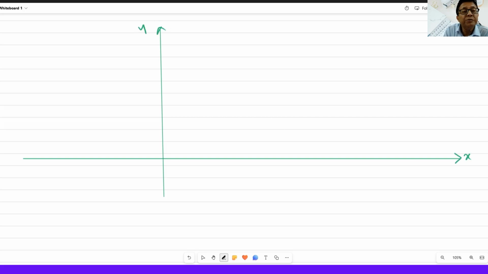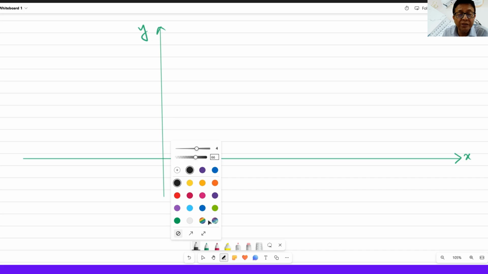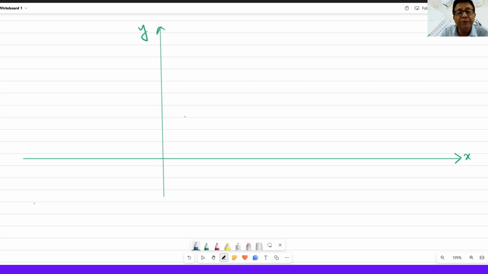Answering MCQs will be very interesting if you remember this MCQ method. MCQ method is very interesting. What is that? You take the graph of the function like this. At the point x equal to c or a, whatever, you are going to find the derivative.